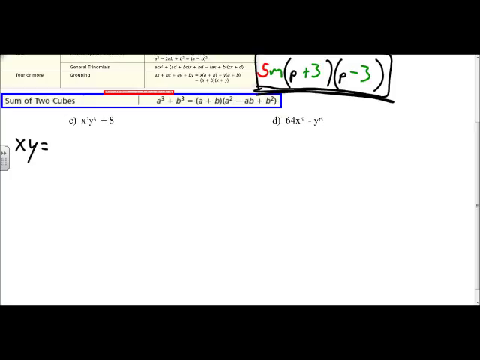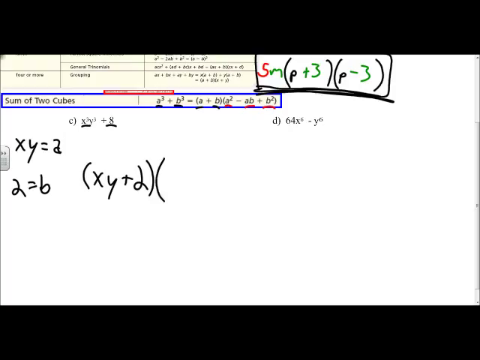Xy in this case is our a, and 2 is our b. So we have the a cubed and our b cubed, and we just need to put it in the terms of a plus b times a squared minus ab plus b squared. So that's going to be put into the form of a, which was xy, plus b, which is 2.